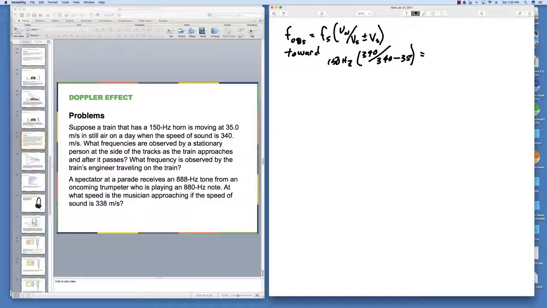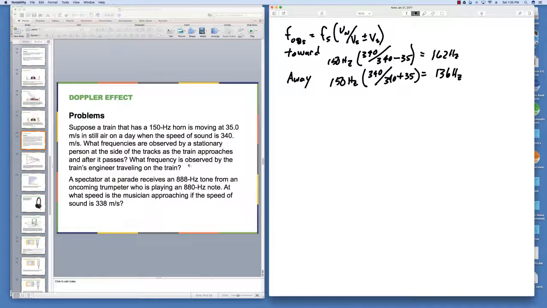If we do that, we get 162 hertz. So it goes from 150 to 162 hertz. If it's moving away, after it passes the person on the tracks, it's going to be 150 times 340 divided by 340 plus 35, which is going to be 136 hertz.